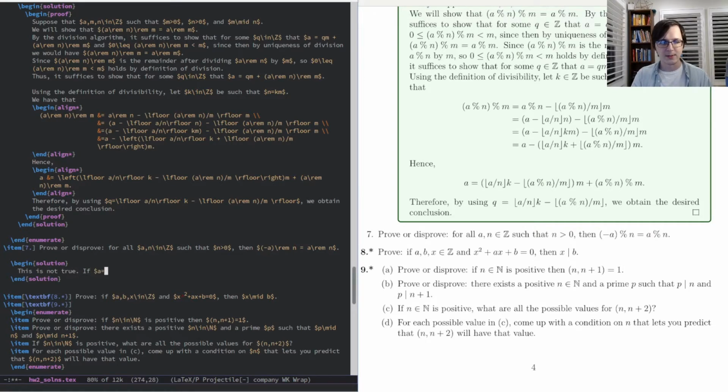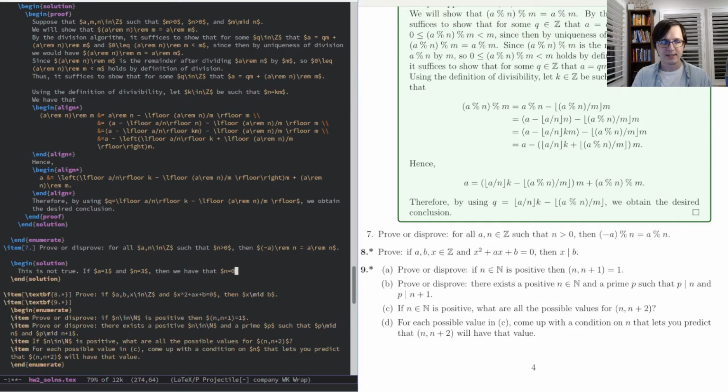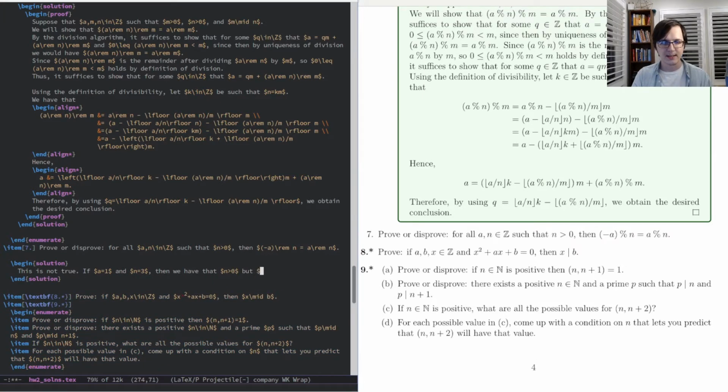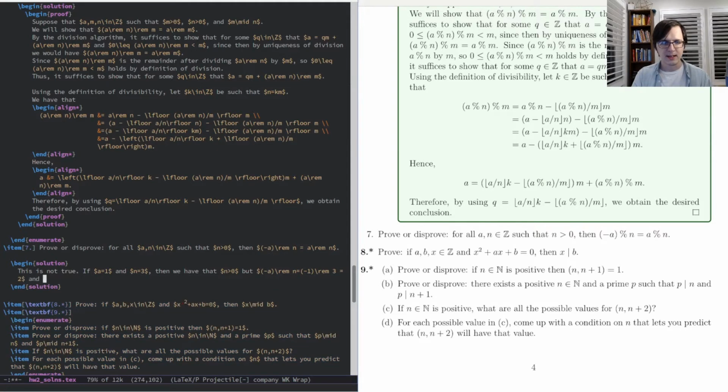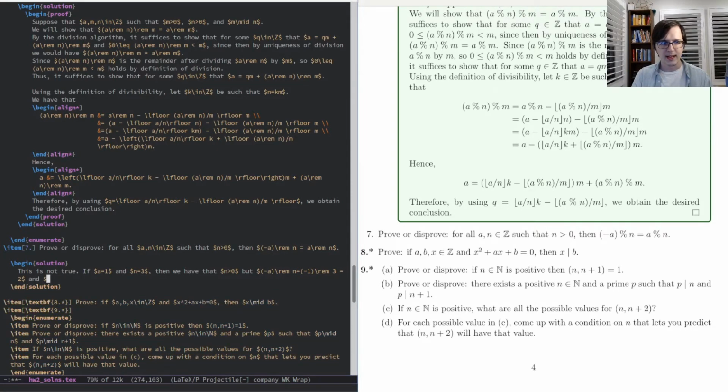If a equals 1 and n equals 3, then n is greater than 0, but minus a remainder n is minus 1 remainder 3, which is 2, and a remainder n is 1 remainder 3, which is 1.